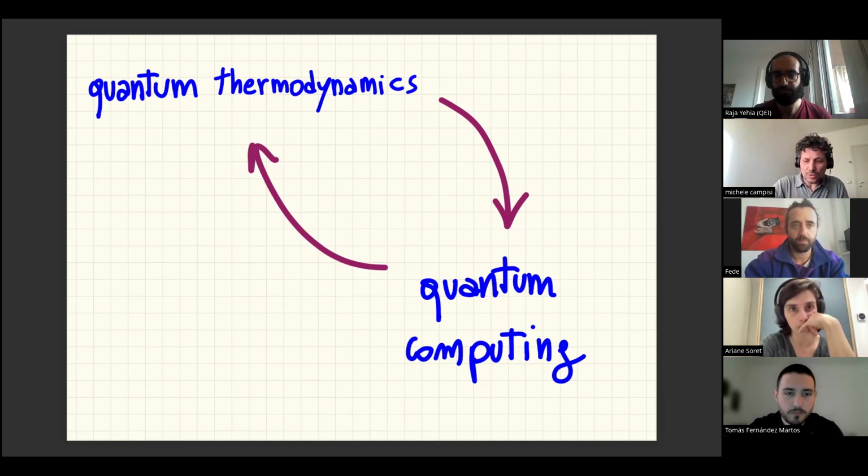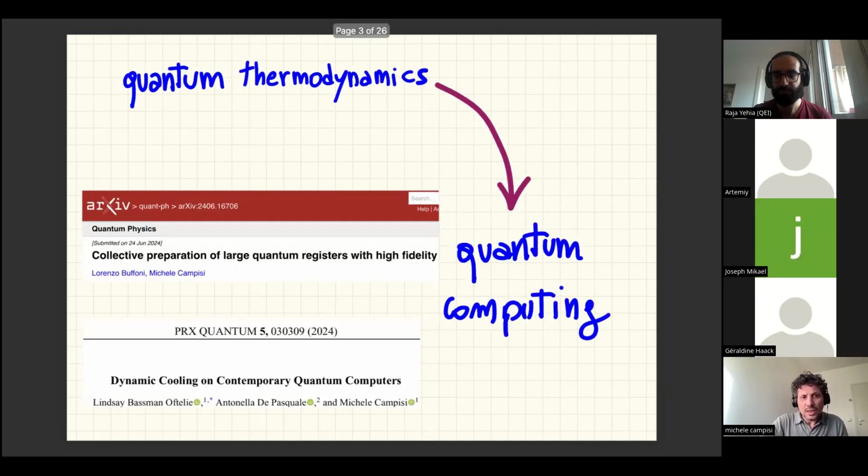Just to give you an example of how quantum thermodynamics can help advance quantum computing, you all know that one basic building block that is necessary for quantum computing is to have a very well prepared qubit state with very high fidelity. So you want to be able to prepare pure states.